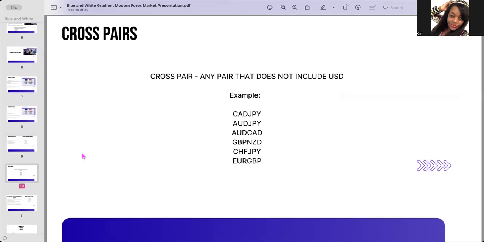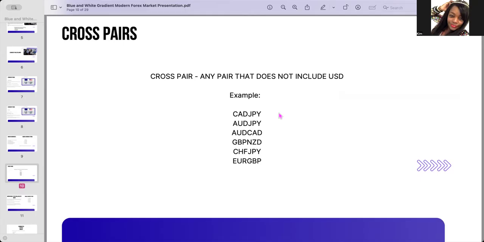So then we have what's called cross pairs, and those are any pairs that do not include the US dollar: CAD/JPY, AUD/JPY, AUD/CAD, GBP/NZD, CHF/JPY, and EUR/GBP. None of these contain the US dollar, so these are considered cross pairs, but these are pairs that are also traded a lot.